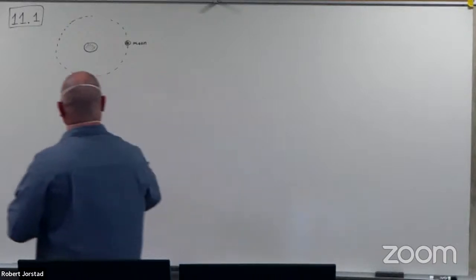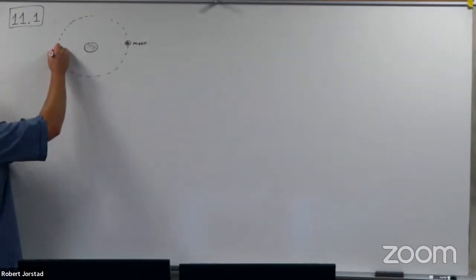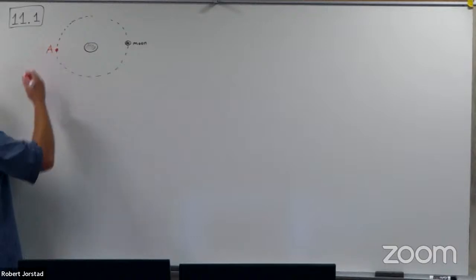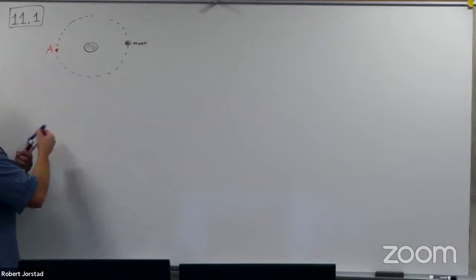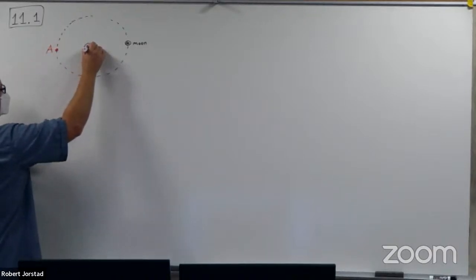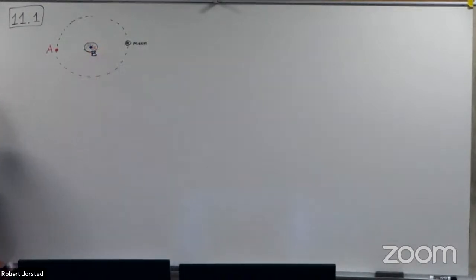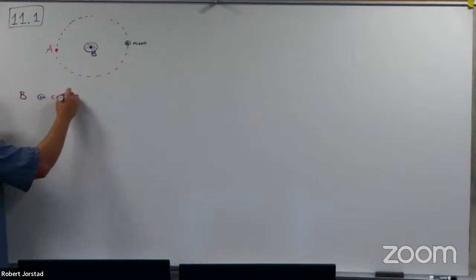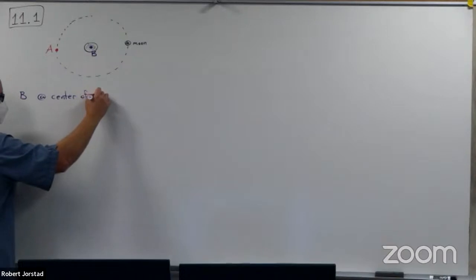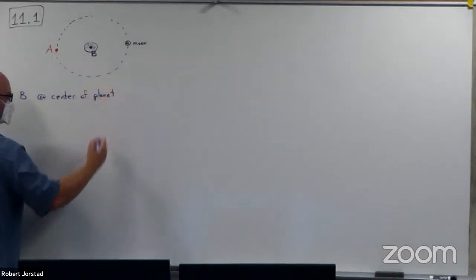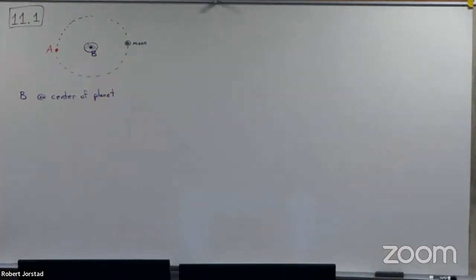And we're going to call this point A. And at the center of the planet, we're going to call that point B, just to simplify our writing. Okay? So B at center of planet. And let's assume this is really far away from everything else. We're going to ignore all other sources of forces. It's just the moon and the planet somewhere way out in the middle of nowhere. Okay? Keep it simple for now.